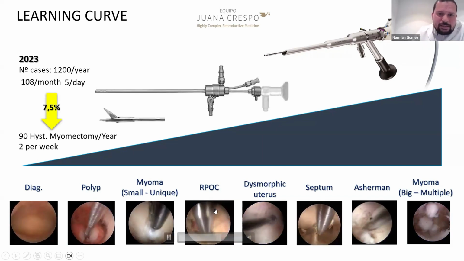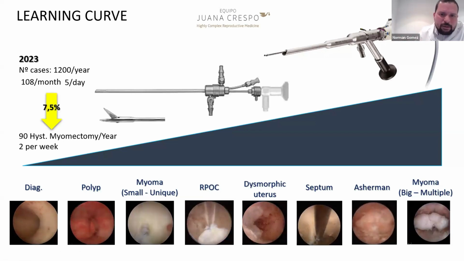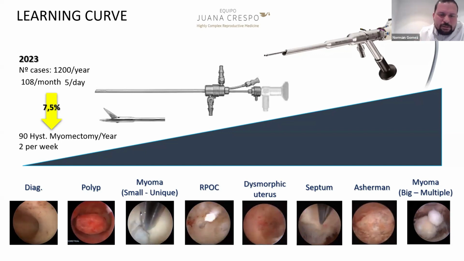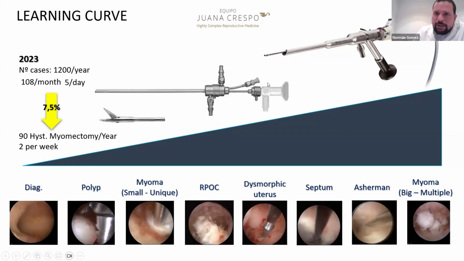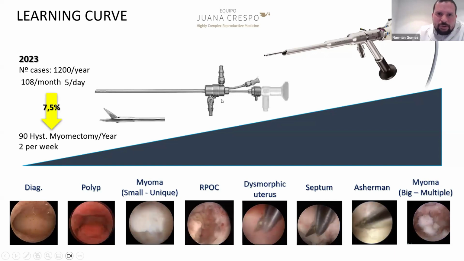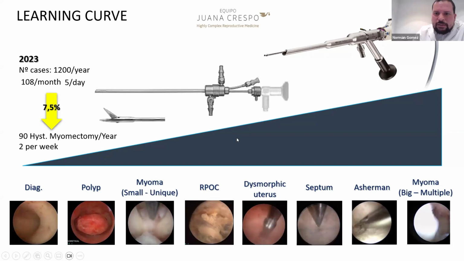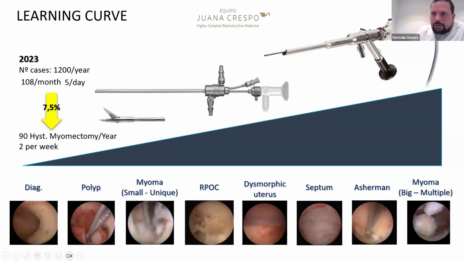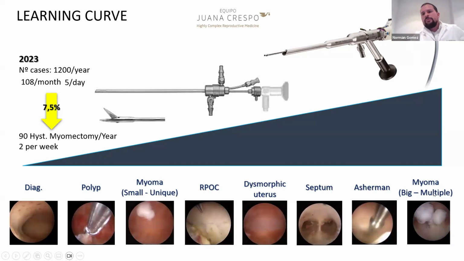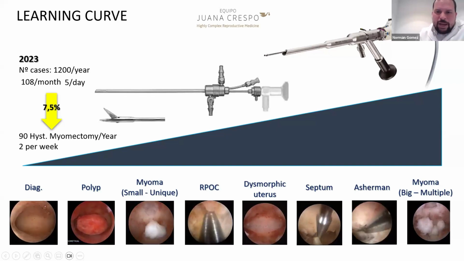By training a lot with the scissors, you can gain more precision, of course, and also, I think, better results in the reproductive outcomes. In the long term, after doing surgeries with the Bettocchi system with the small scissors, and approaching a lot of cases, you can approach more complex cases with the tissue removal system device if you have it available.